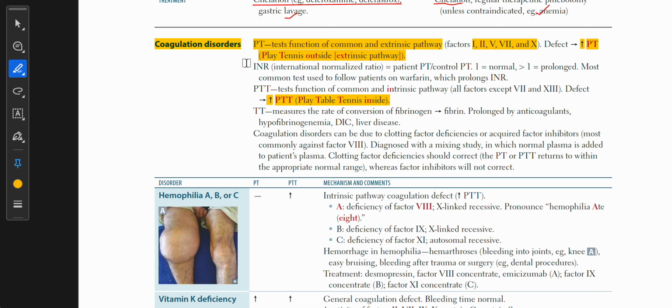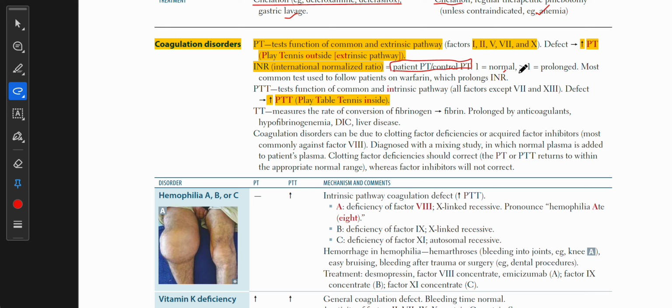And INR is actually international normalized ratio. This is the ratio of patient prothrombin time to the control prothrombin time. So 1 is normal. If this ratio is 1, then it is a normal case.